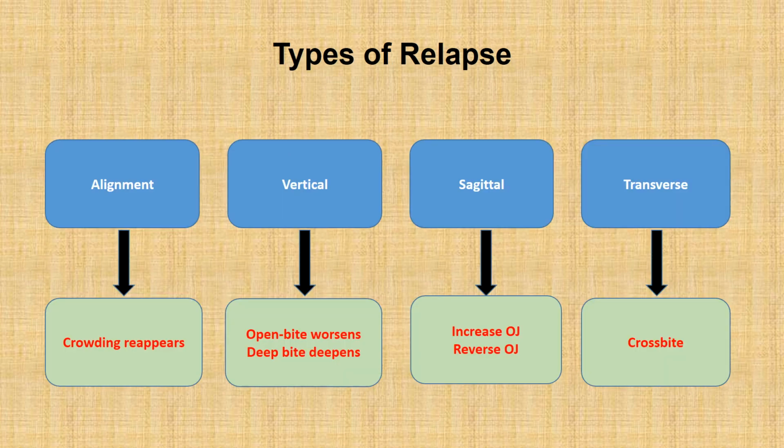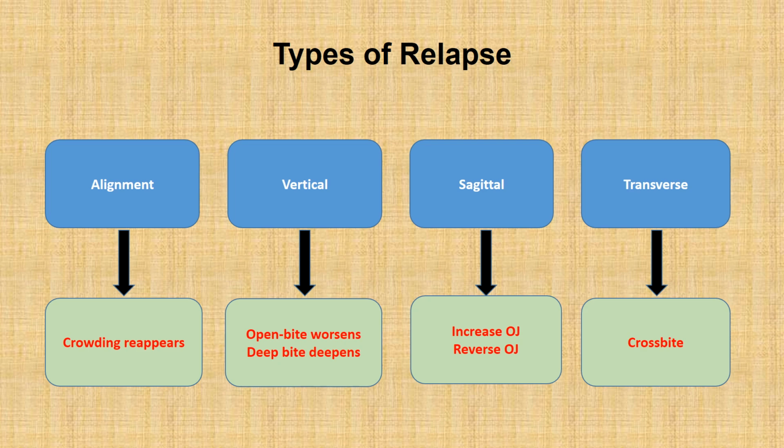Now, there are four types of relapse. The first is relapse in alignment, whereby crowding of the teeth reappears. The second type is in the vertical direction, in which either the open bite worsens or the deep bite deepens.